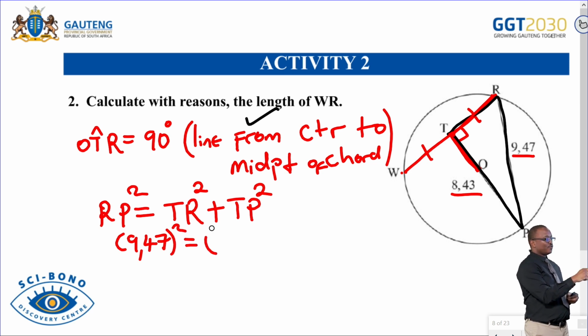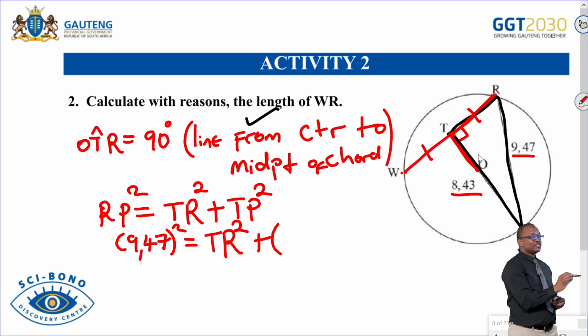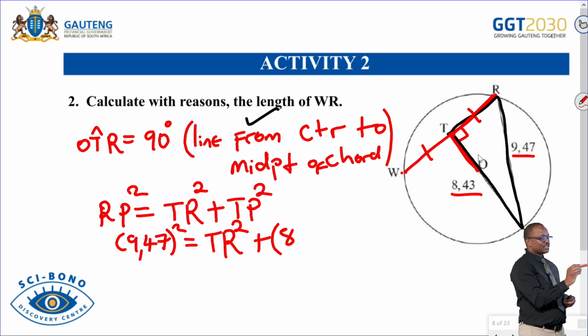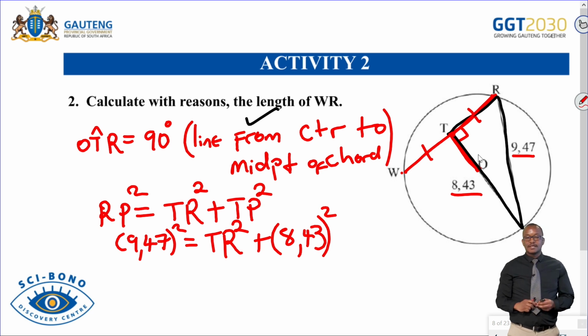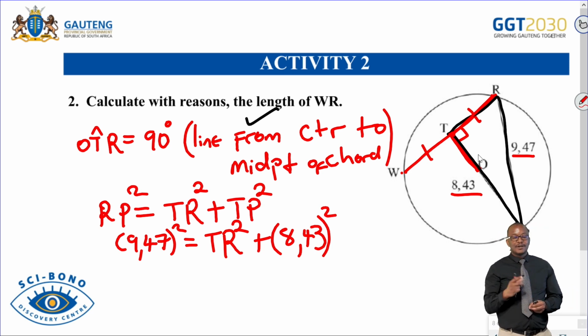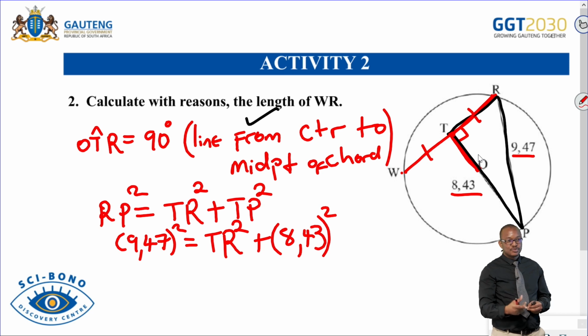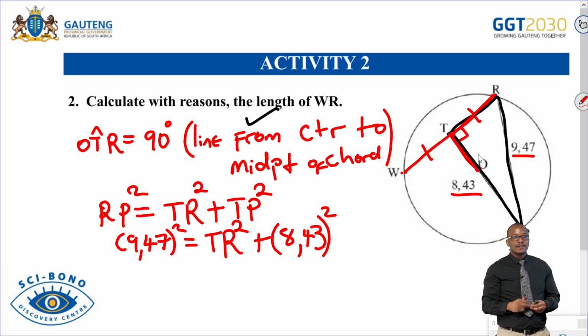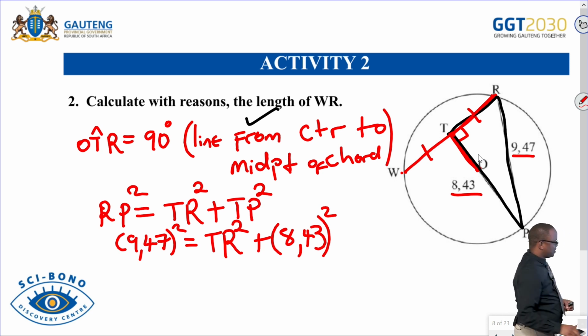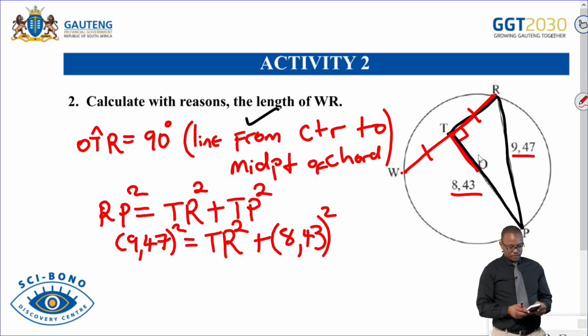Then we are looking for TR. We don't know what TR is. We are looking for it. But your TP, you know that is 8,43 squared. That's where now you substitute. And remember, always when you substitute, you must use brackets. Then from there, you will have to use your calculator.